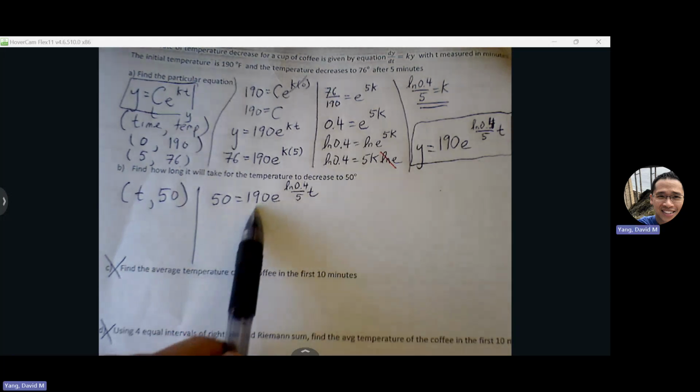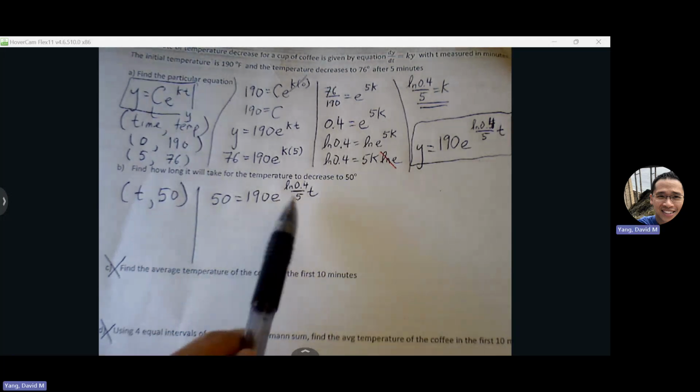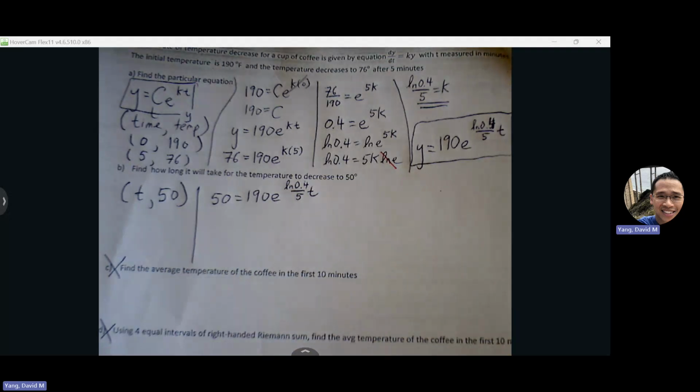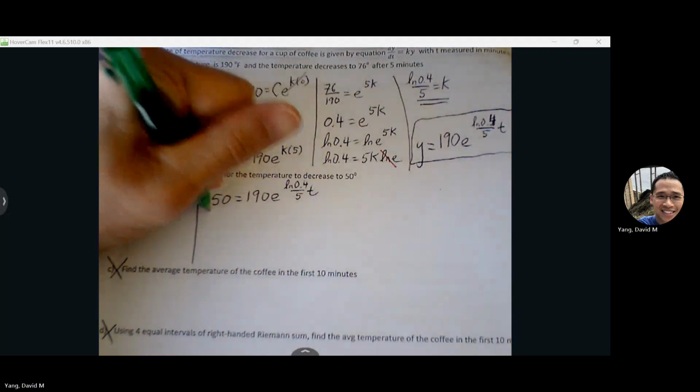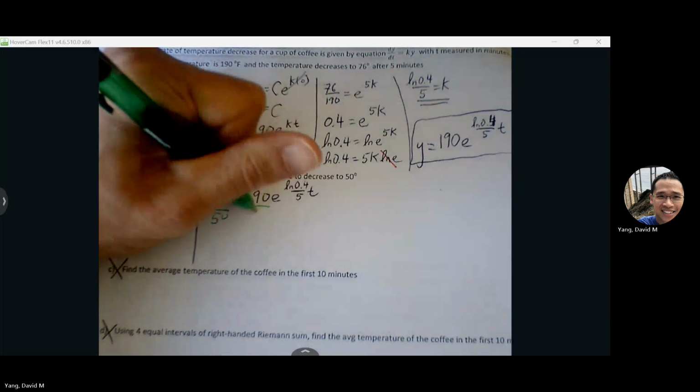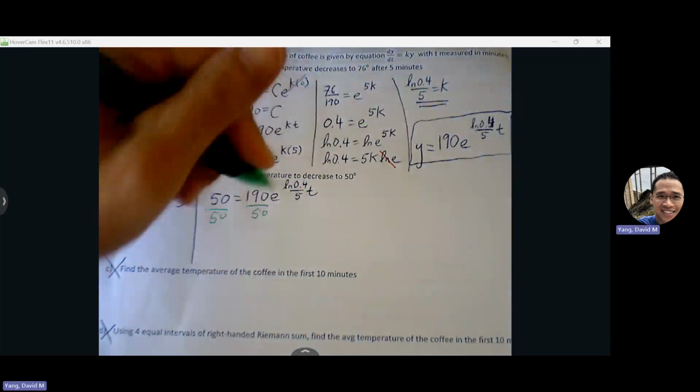Divide by 190, take the natural log of both sides, bring the exponent down.